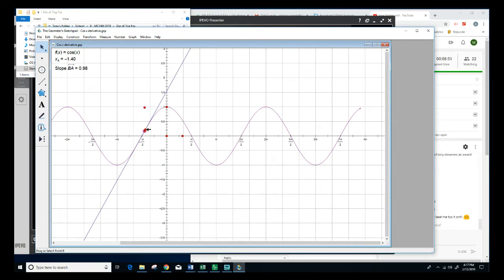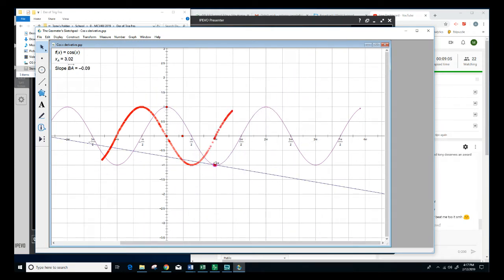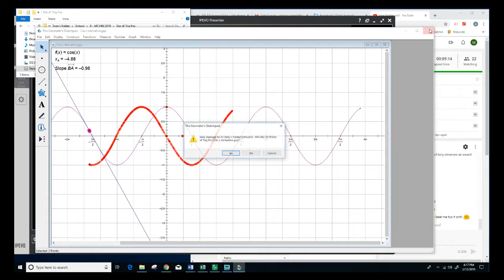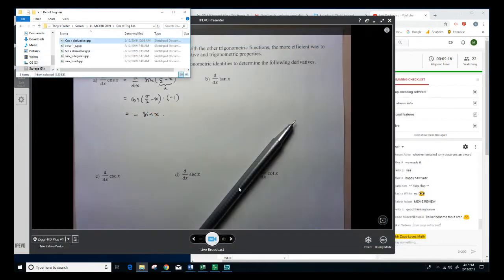I don't think it's going to be a big surprise that as we move the points along cos x, we end up with another sinusoidal function, and in particular, we end up with exactly negative sine x. So it follows the same type of pattern as we saw when we were finding the derivative of sine x. So we proved it, and we even have a nice graphical justification for it.